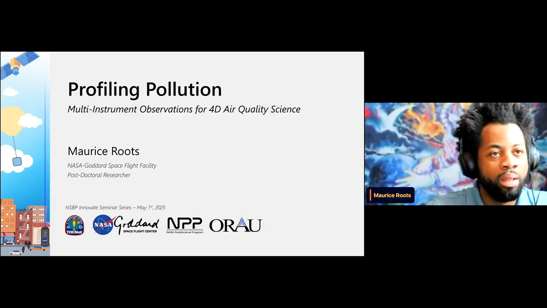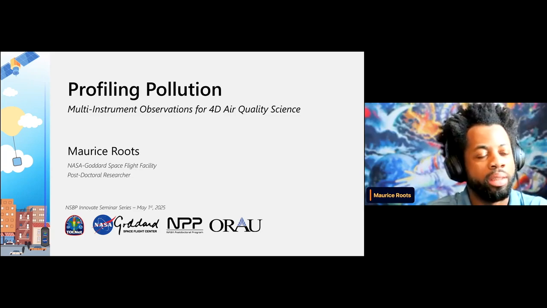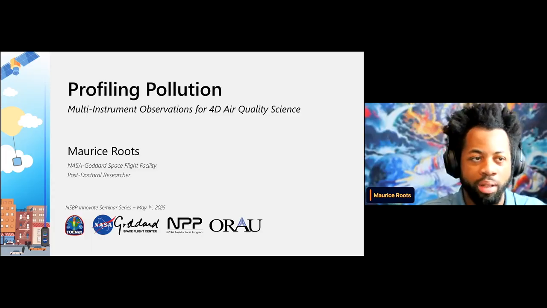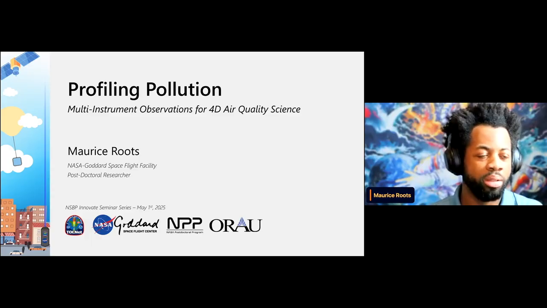So this talk is really focused on the work that I've done and some of the stuff that I plan to continue doing, specifically in profiling of pollution. And I'll talk a little bit more about what that specifically means.